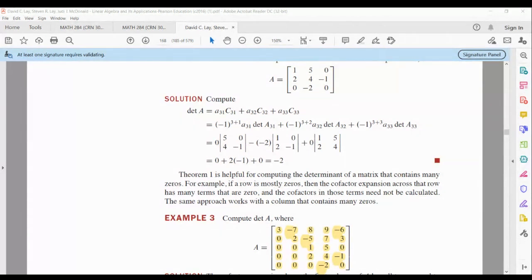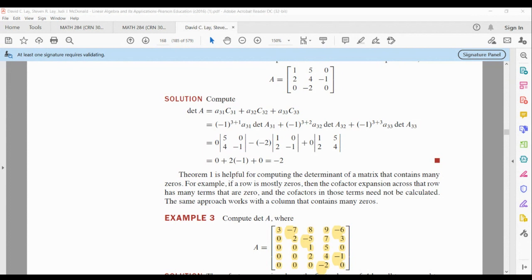This is something you have to realize before you do the cofactor expansion. On a timed exam, for instance, you want to pick the easiest row or the easiest column to compute your determinant on. And I like to see all the work and the steps.